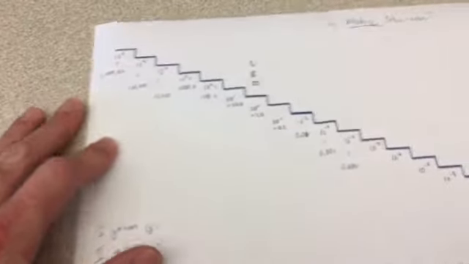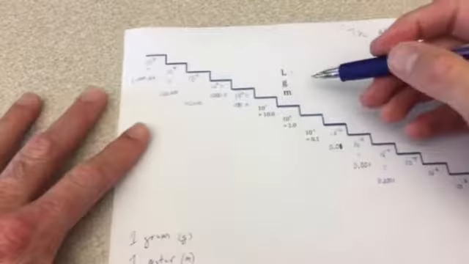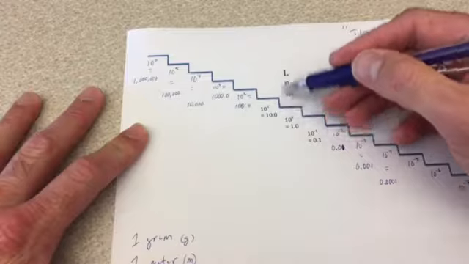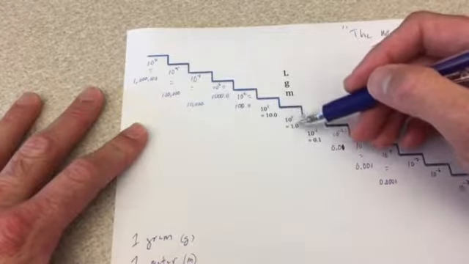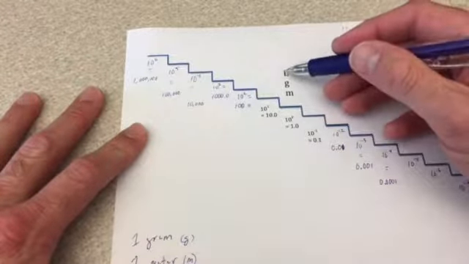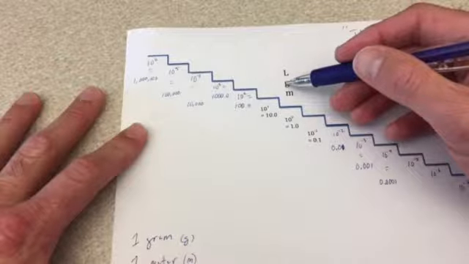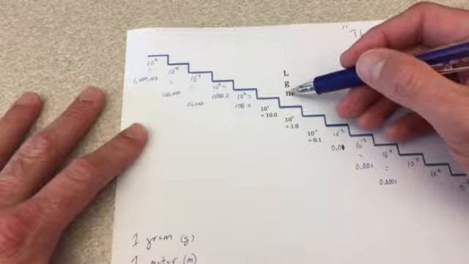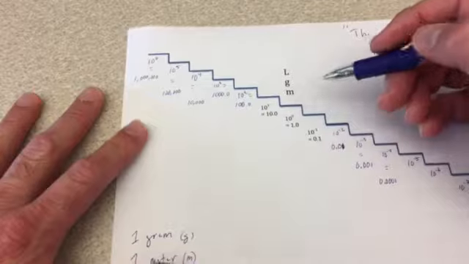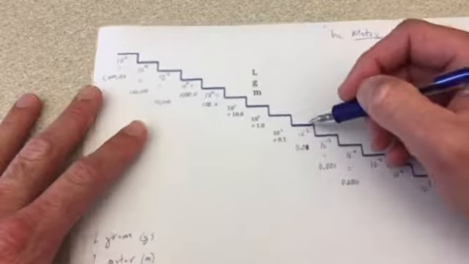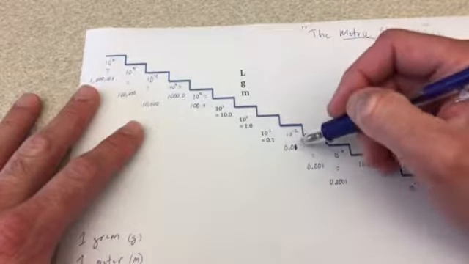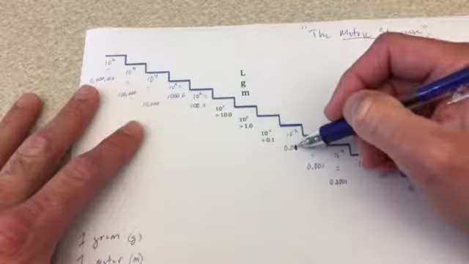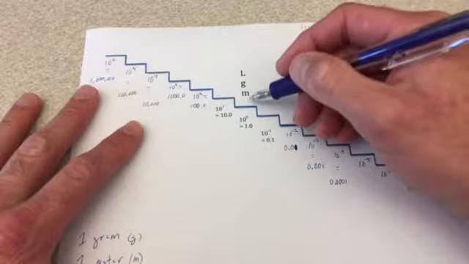All right, so let's go back to this 1.0 place. If you have 1.0 of a liter, you have 1 liter. 1.0 of a gram, you've got 1 gram. 1.0 of a meter, 1 meter. Now, if we go down to the 10 to the negative 2 place, then you have 1/100th of a liter, a gram, or a meter.